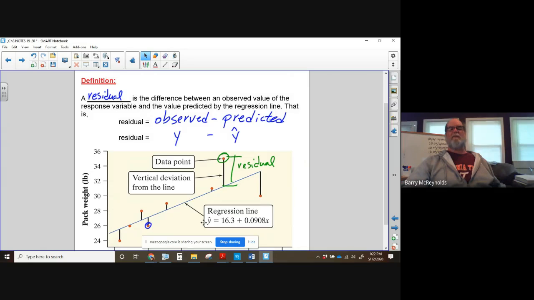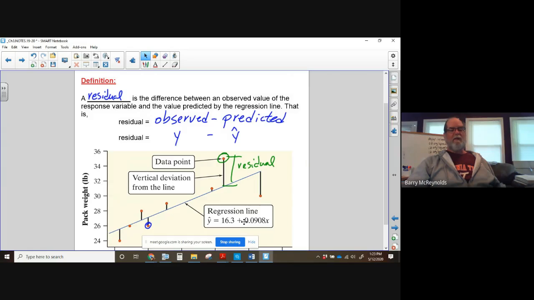Now, the good news is you don't have to do that calculation. Your calculator would do it for you. In the case of our test, I think they're going to give you either the regression line, or they're going to give you data that will allow you to calculate it using a 4-function calculator.